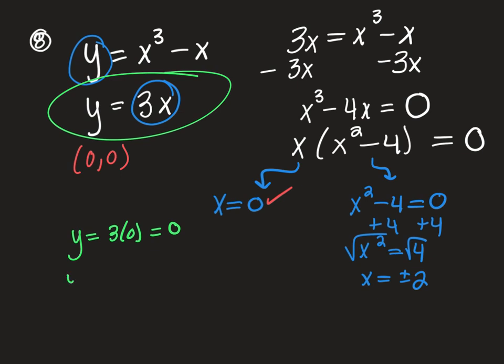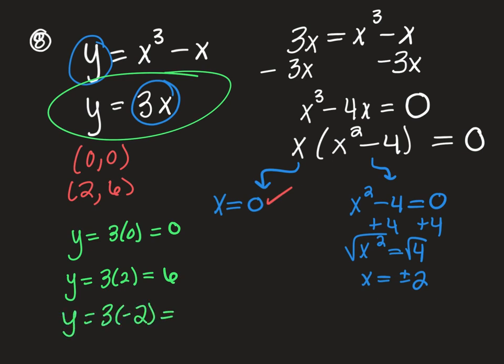So 3 times 2 is 6. So that means when x is positive 2, y is positive 6. And when x is negative 2, y is negative 6. So those are your 3 intersection points.